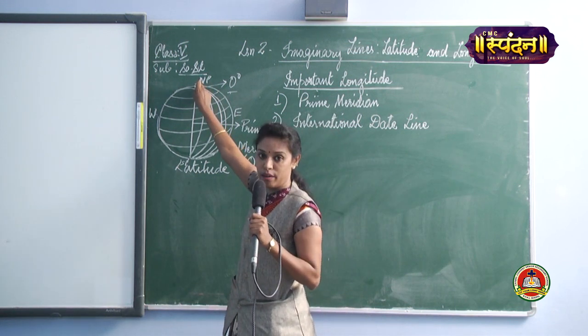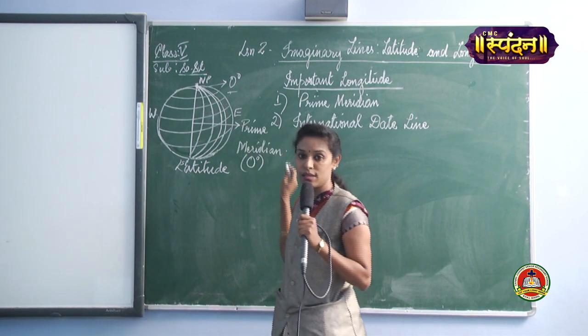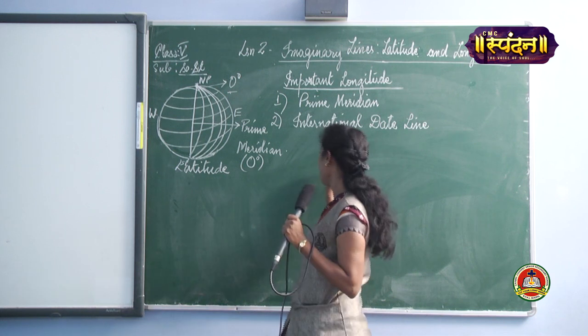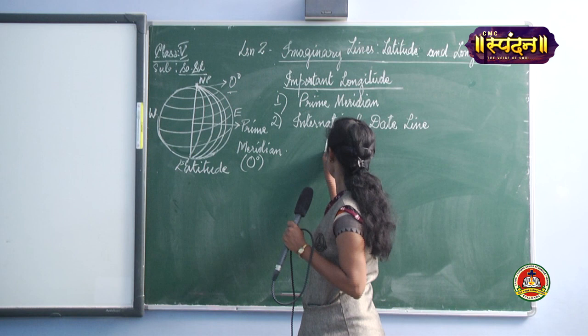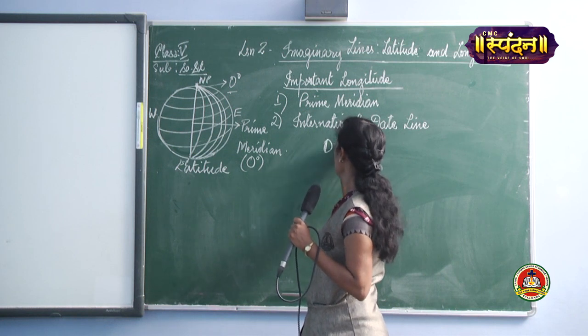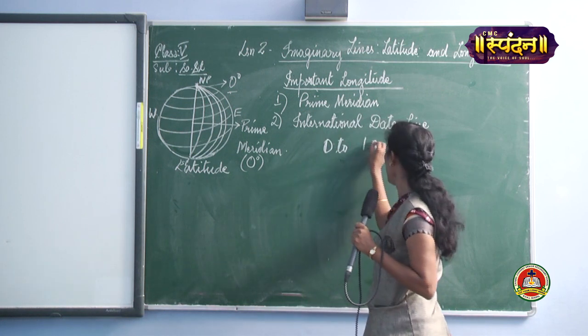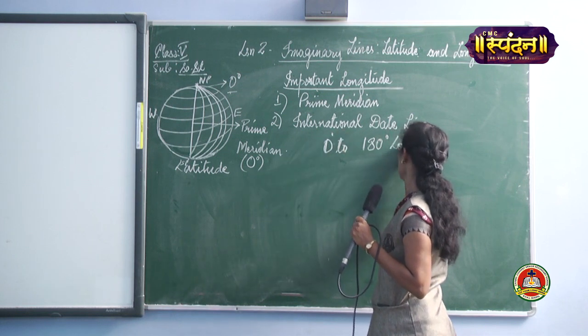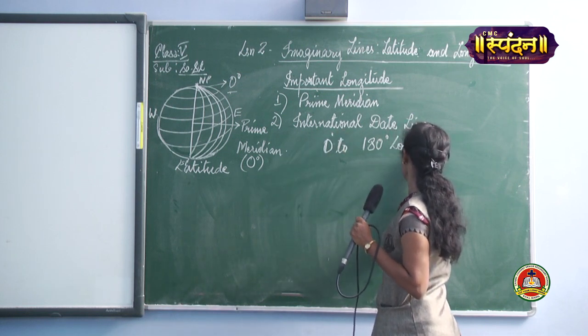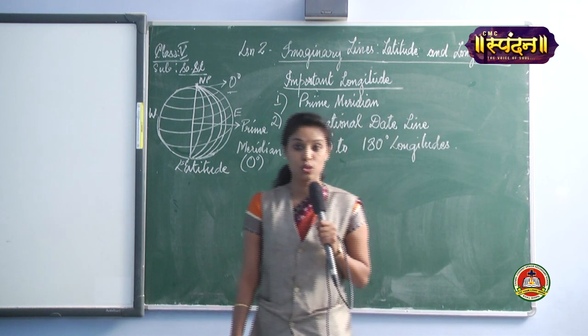From 0 degree to the eastern side, we have got 180 longitudes, 0 to 180 degree. So easy.